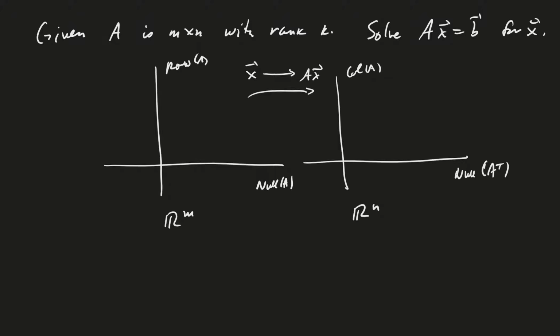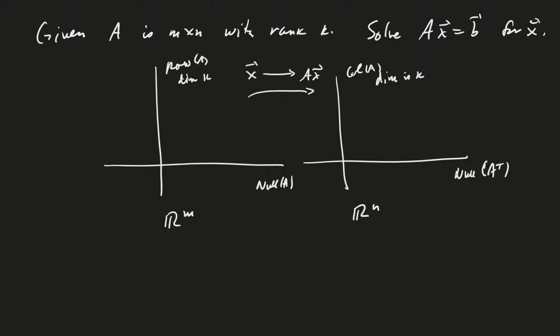It can't be invertible if you're mapping two spaces that are of different dimensions. Okay. However, I'd like for you to think about this. If this matrix has rank k, then the dimension of the column space is k, and the dimension of the row space is k.